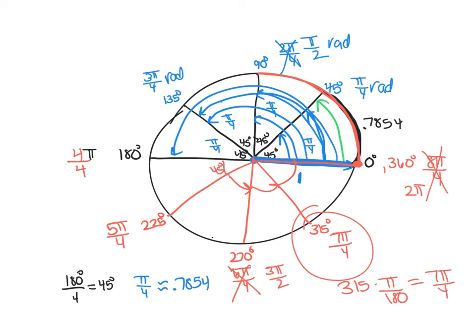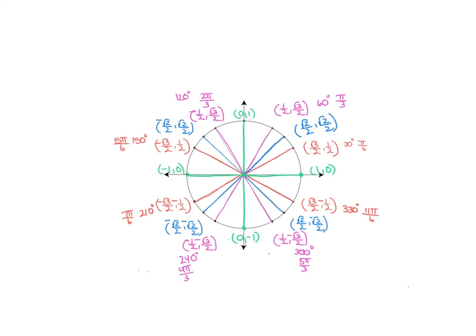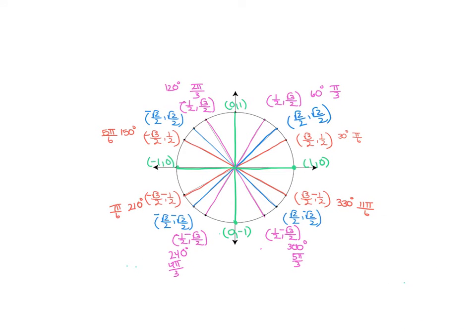Okay, we know it is. We just went through and divided it up into those equal parts. So now let's go ahead and put that on our circle up here. So in blue, we have 45, 135, 225, and 315.